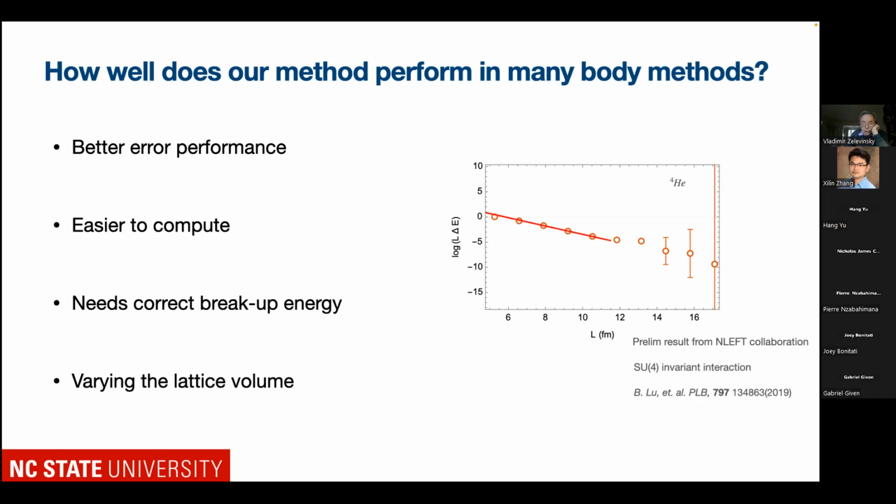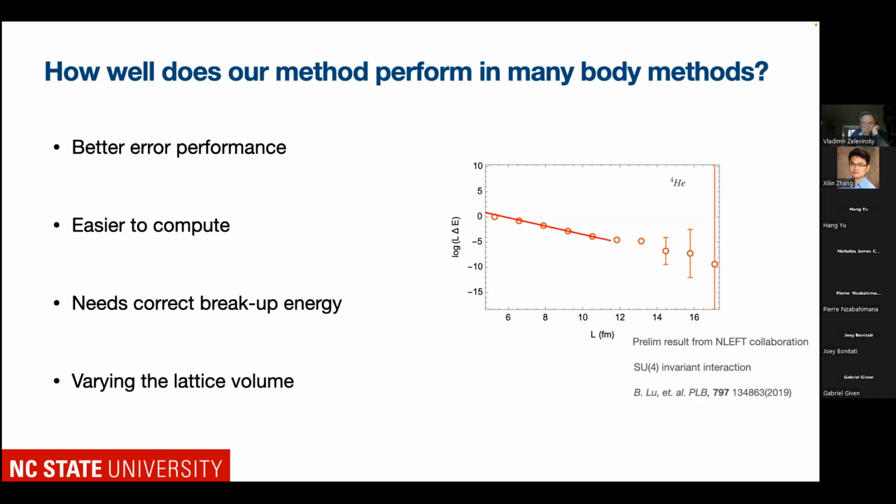And there are two major reasons we do this. First, it has better error performance because we have many ways to extract energies from the many-body theories. And also the energy is really easy to compute compared to other operators, and still we need a correct breakup energy.